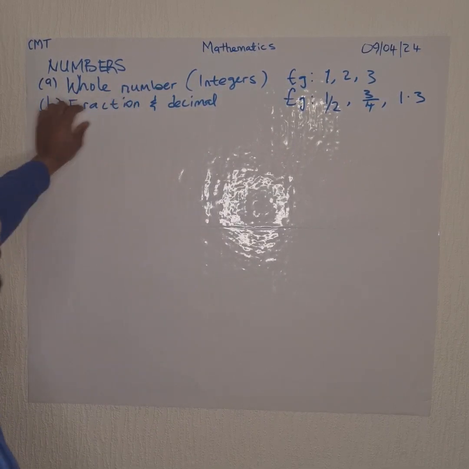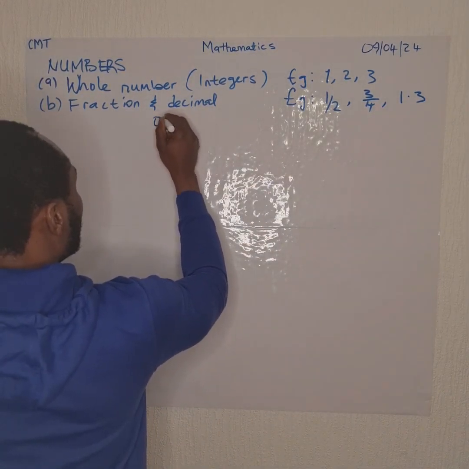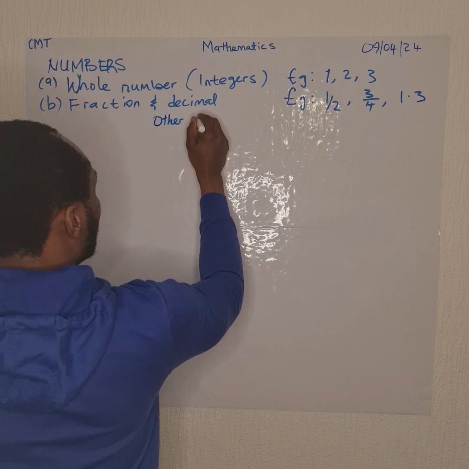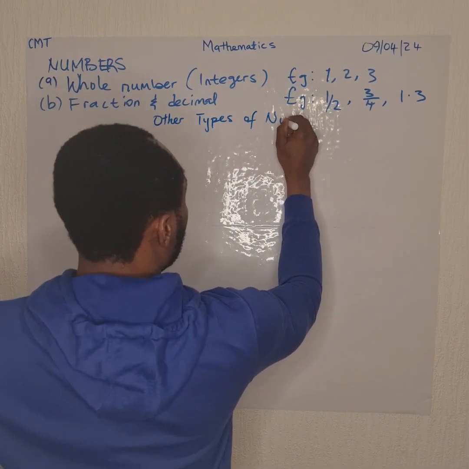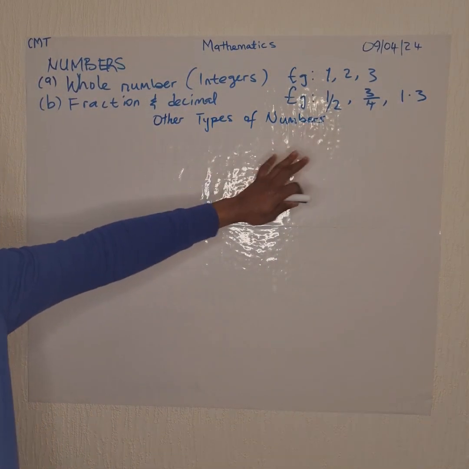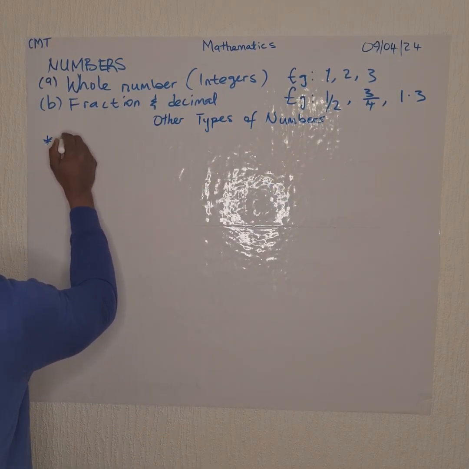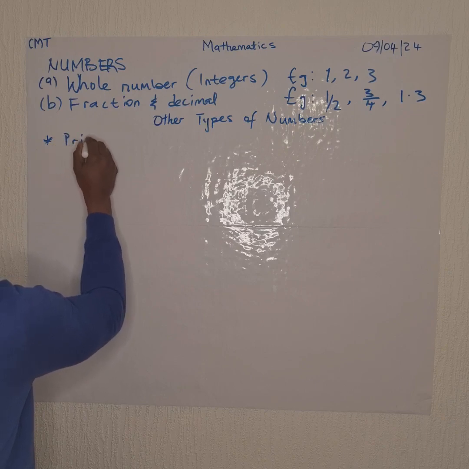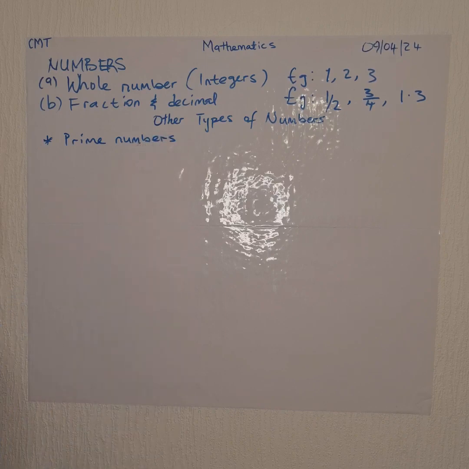To be clear, other than whole numbers, fraction and decimal, there are also other types of numbers that we are going to be using. And the first one is what we call prime numbers. What is a prime number?